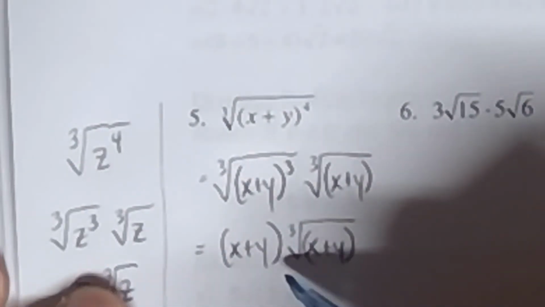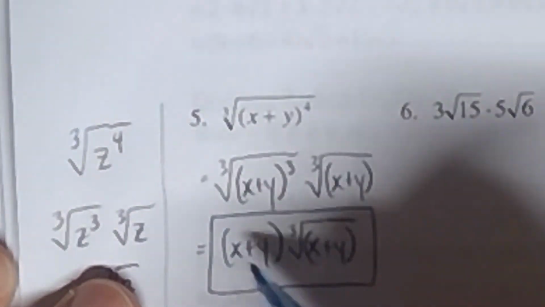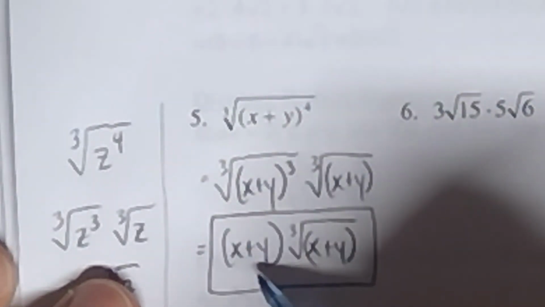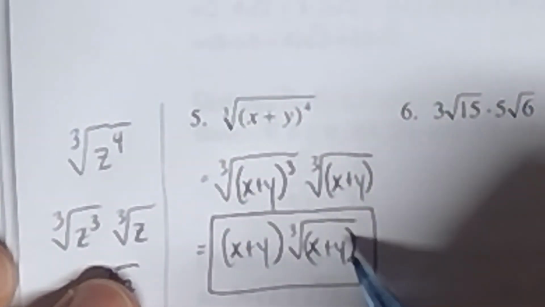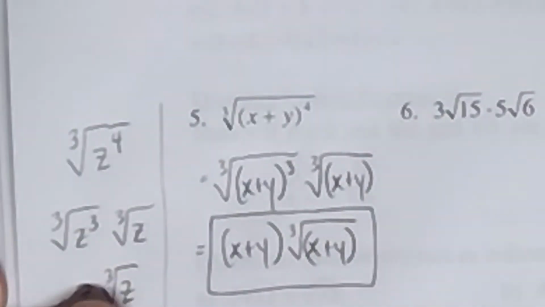But this bracket you cannot get rid of because it's got two terms. You got two terms in this radical answer over here, and you're supposed to multiply this entire answer from the first radical by the entire second radical. So if it's got two terms, you got to bracket it.